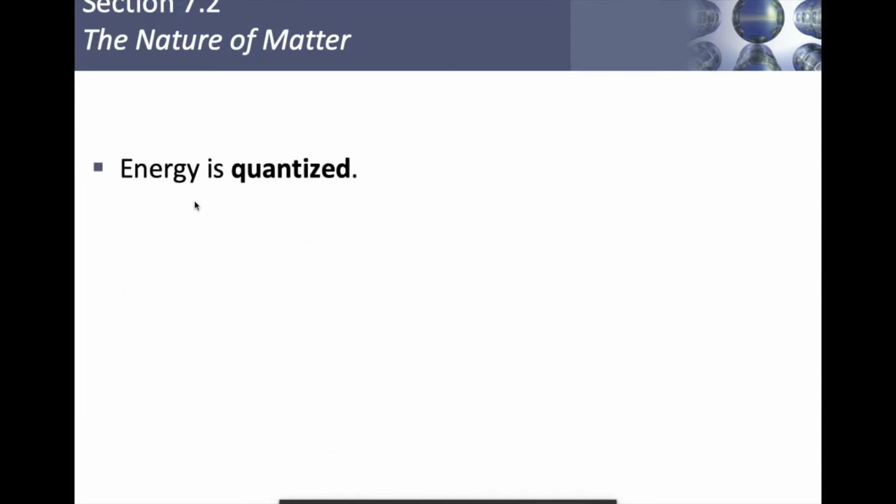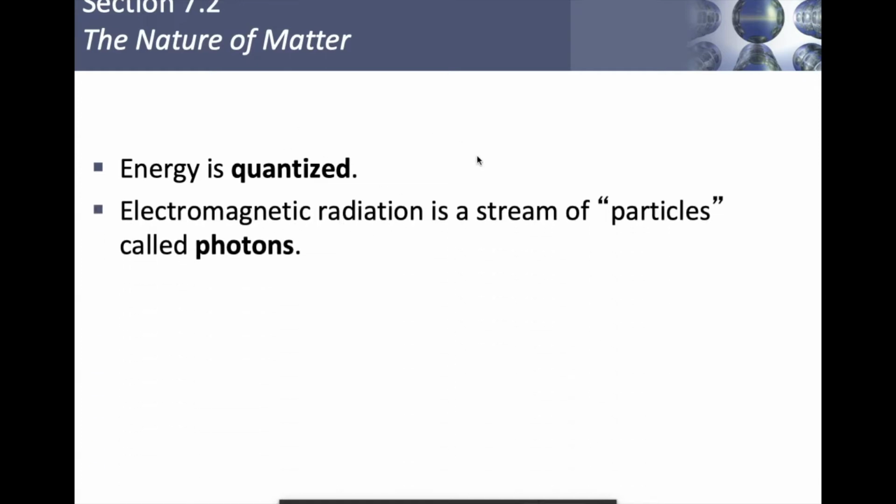So the important thing to get out of what I just said is that energy is quantized, meaning that it can only exist in multiples of Planck's constant times frequency. And so electromagnetic radiation can be thought of as a stream of particles.